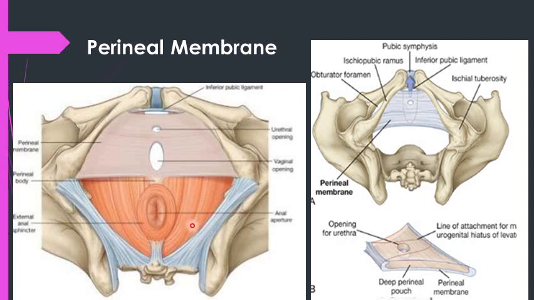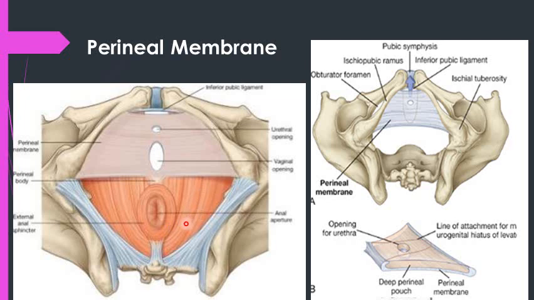Now look at this posterior anal region. Here you can see that this membrane is deficient and it is not present over here. So keep in mind, for the structures passing or piercing through the perineal membrane, you must not write that the anal canal is passing through it, because in this region the perineal membrane is not present, and mostly students, along with the urethra and vagina, also write that the anal canal is passing through the perineal membrane.